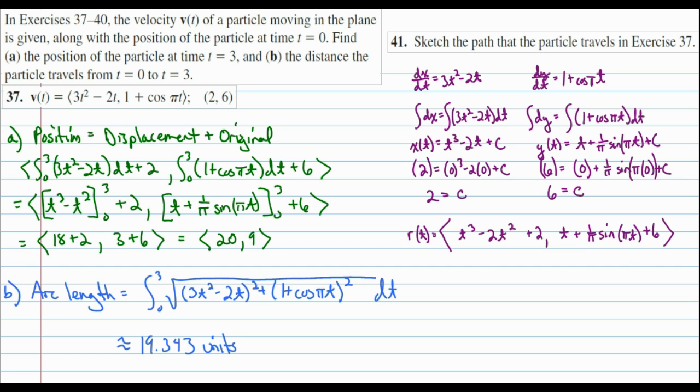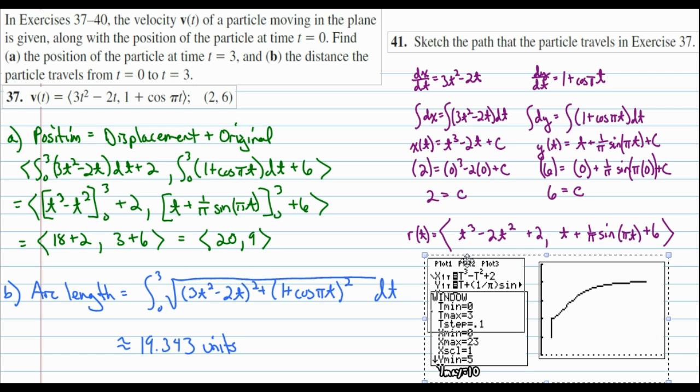To graph that, to set up my window, first of all, I put in x1 and y1 the horizontal and vertical parameters for position. For the window, my t-min was 0, my t-max was 3. I actually know where this particle is going to end up, at (20, 9), so I adjusted my window accordingly.